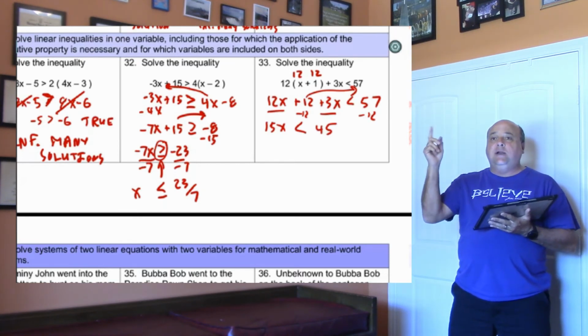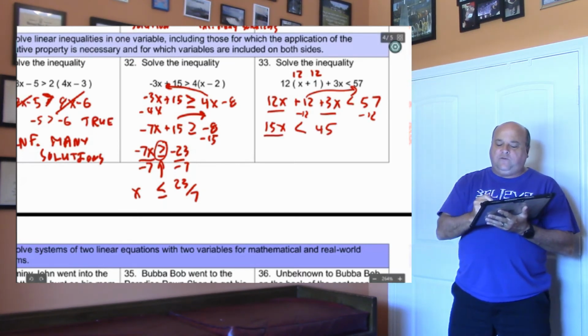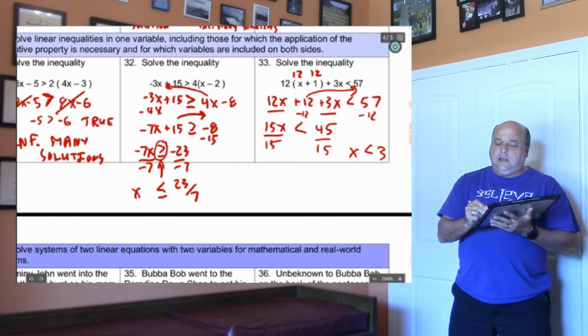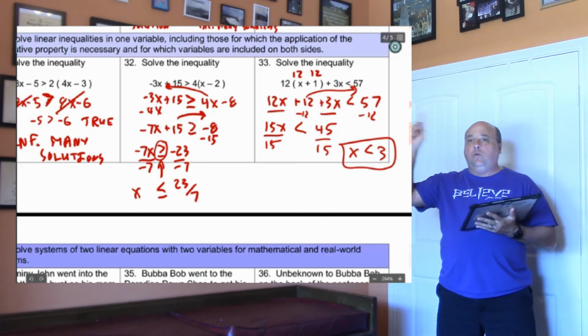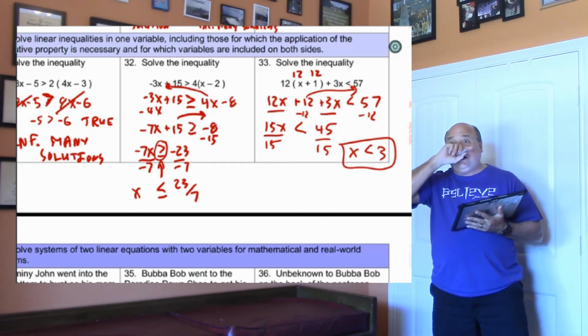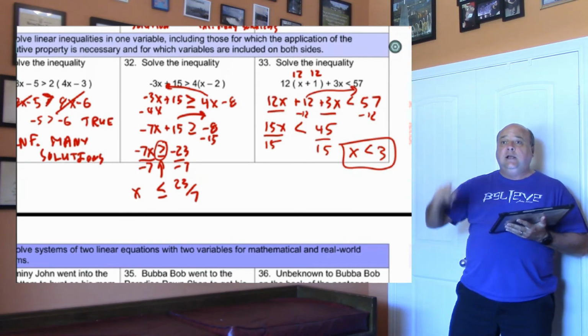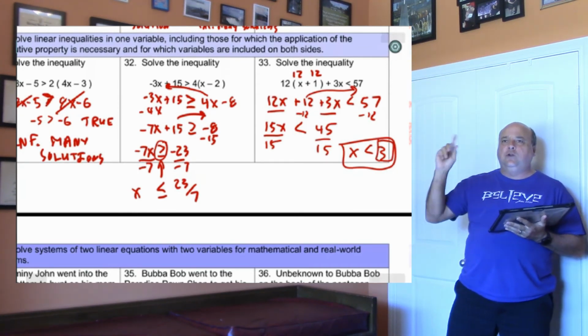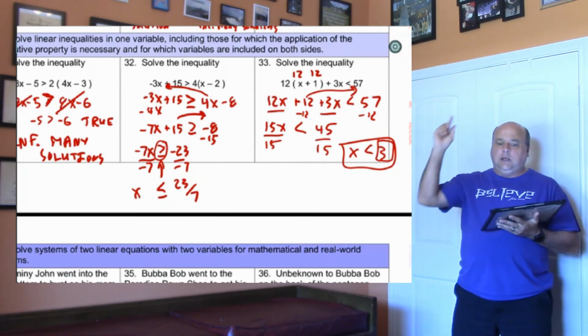Now, there's no negative x, so the inequality won't flip. If you divide by 15, you'll get x less than 3. If we were to do menu 3-1, enter, and type this in, we would get 3 for the answer. It's an easy way to get this number with the calculator if you do menu Insolve.